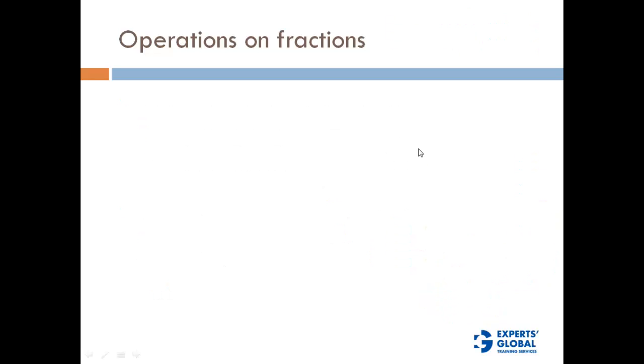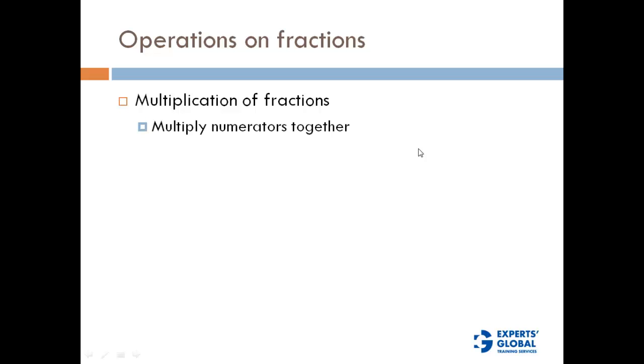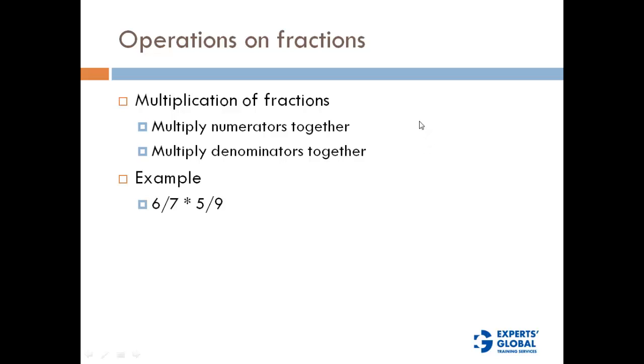So let's now see how to perform multiplication of fractions. When we have to multiply fractions, we have to multiply numerators together and we have to multiply denominators together. So for example, let's say we are multiplying 6 by 7 into 5 by 9. We are performing this multiplication. So what does the rule say?